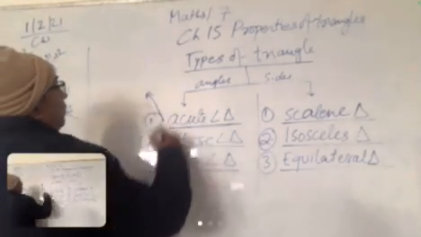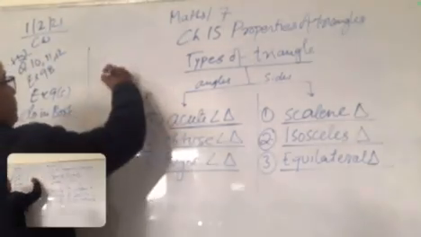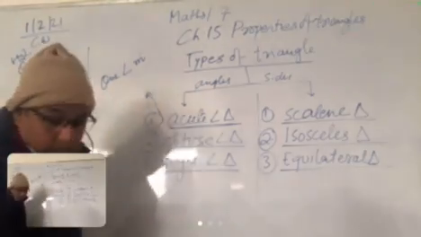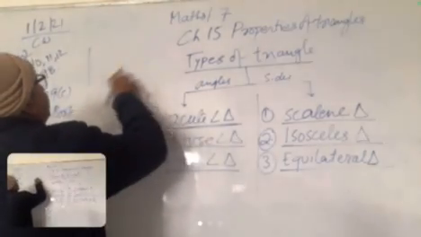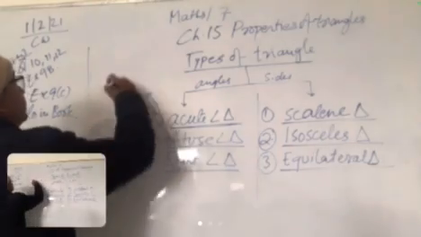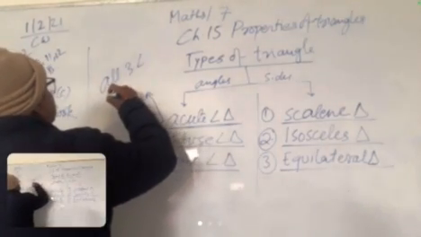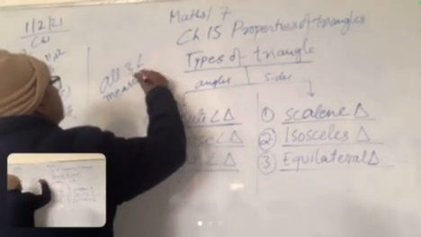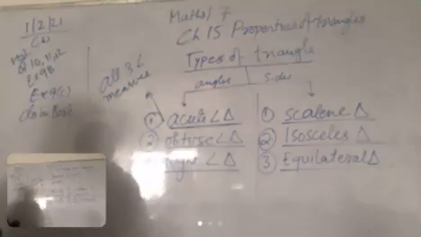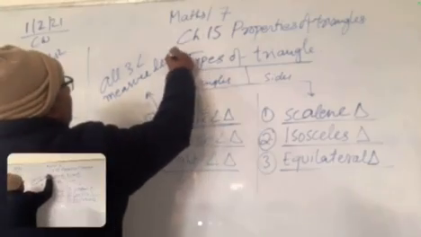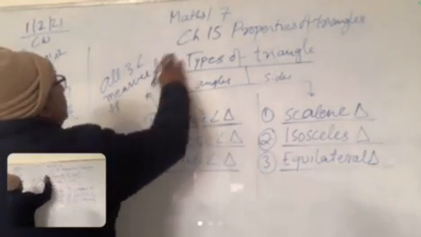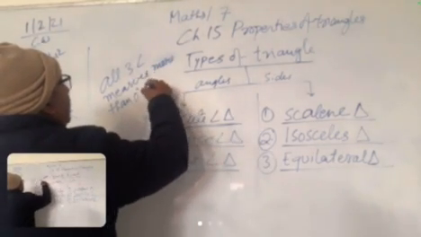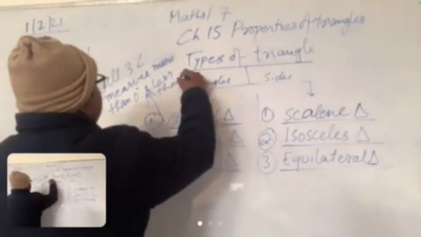Acute angle triangle means all three angles measure more than 0 degree and less than 90 degree.